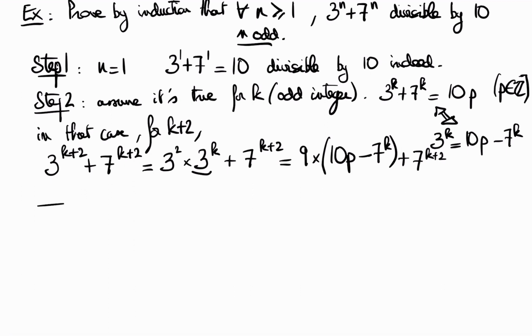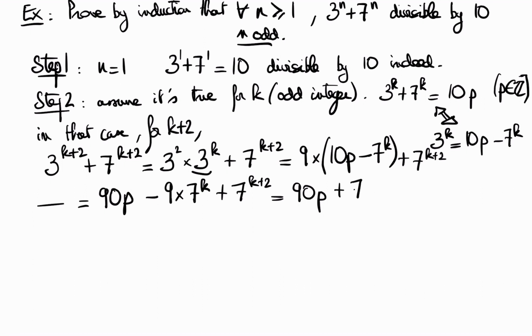So, right. Let's expand that a bit. So it's 90p minus 9 times 7 power of k plus 7 power of k plus 2. So, okay, so that's 90p. And then we can factorize by 7 power of k.